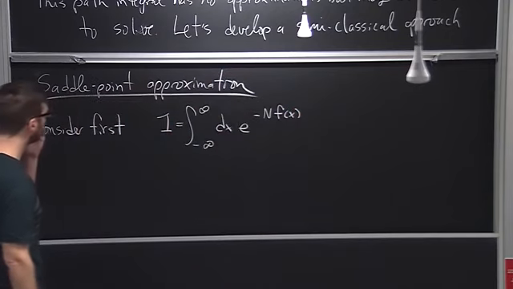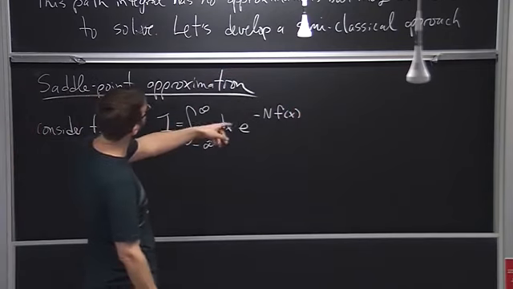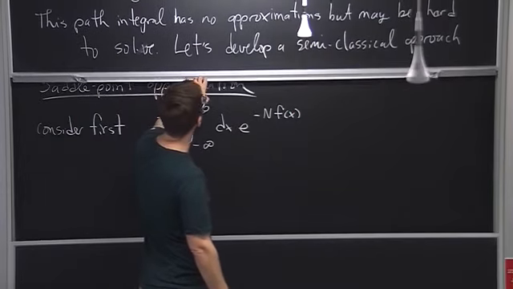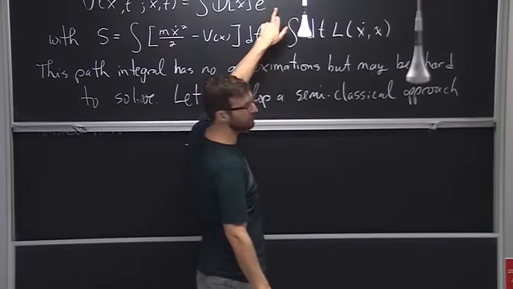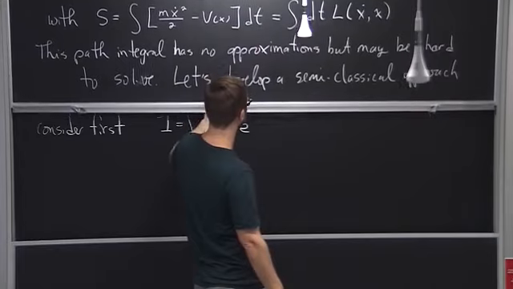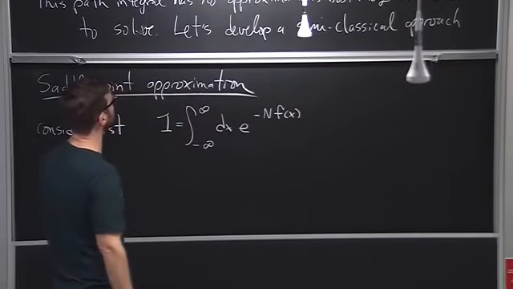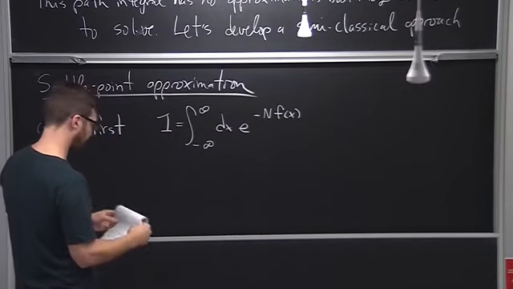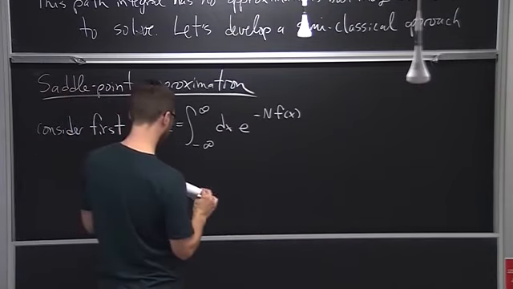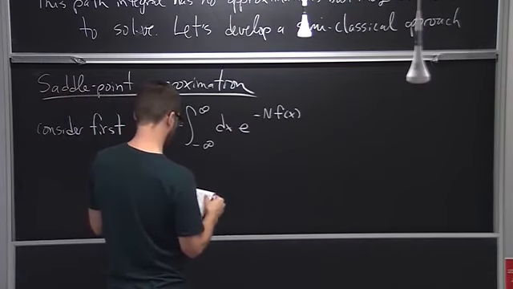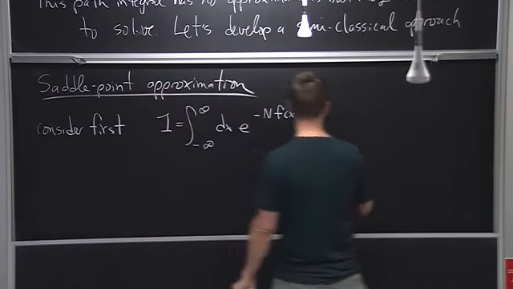And you should be thinking of n as something like this parameter in front of the action, say. And if h bar is very small, then n could be something very big. And then we'll consider that limit.